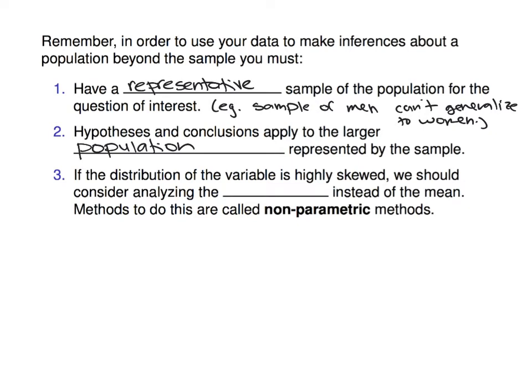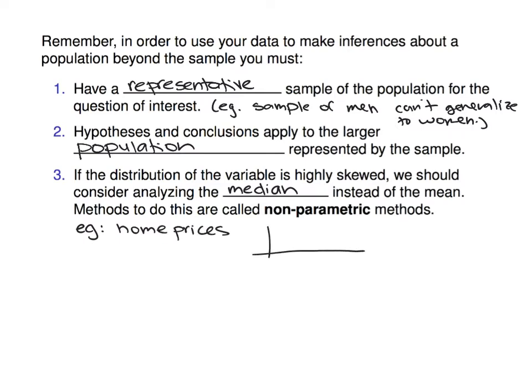If the distribution of the variable is highly skewed, we should consider analyzing the median instead of the mean. And methods that do this are called non-parametric methods, but we're not going to get to them in this class. But one example of a situation where you do have skewed data is when you look at home prices.